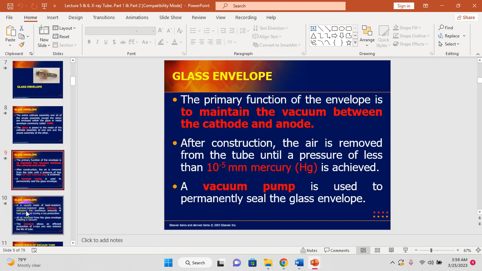So what is the primary function of the glass envelope? The primary function of the envelope is to maintain the vacuum between the cathode and the anode.